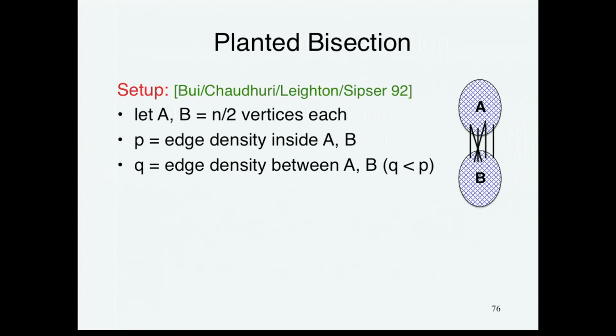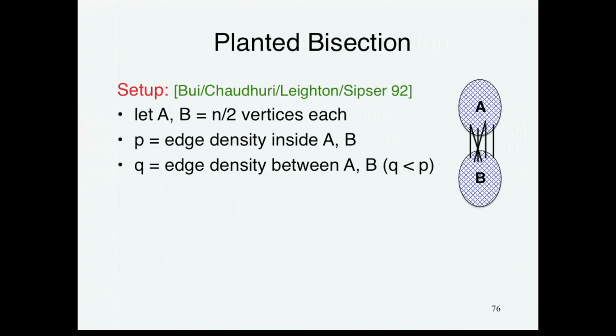Each edge here is there independently with probability P. Each edge here is there independently with probability Q. And intuitively, the bigger the gap between P and Q, the more obvious will be this planted bisection, the more obvious will be this grouping of the graph into A and B.